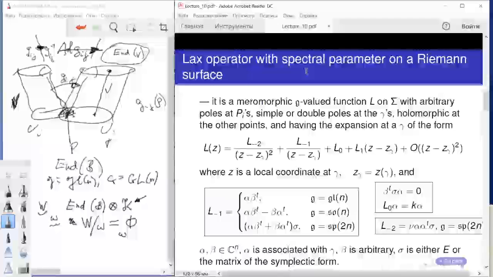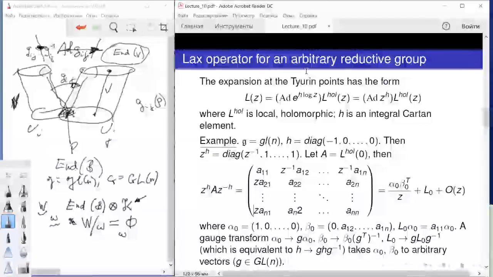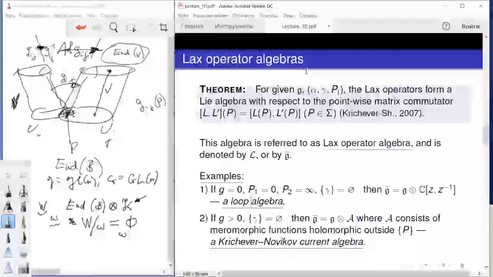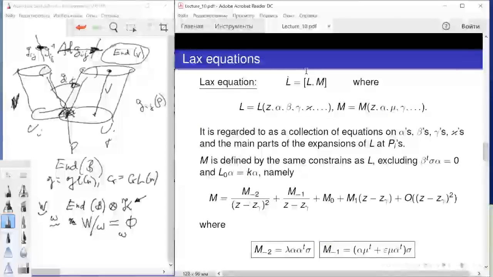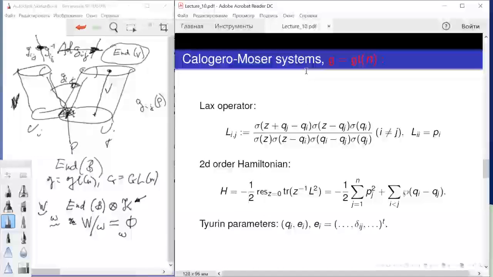Just definition of the Lax operator, possibilities of generalization to arbitrary reductive group. What is Lax equation? And the only example, Calogero-Moser system. Unfortunately, that's all for today.